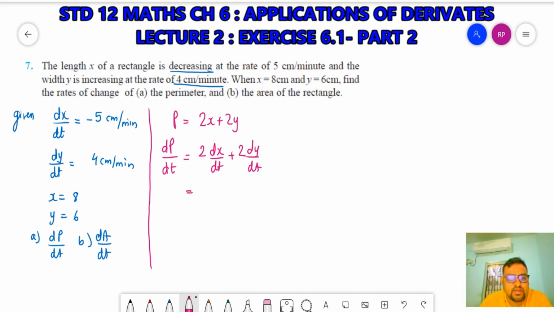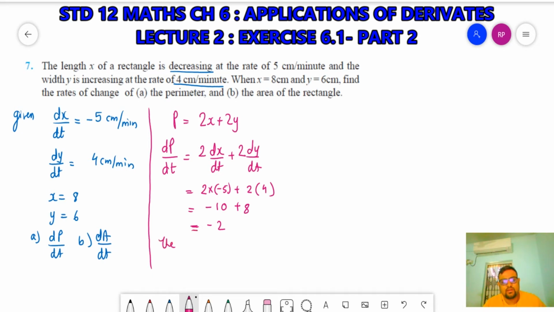So what is dx by dt? 2 into minus 5 plus 2 into 4. This will be minus 10 plus 8, so minus 2. So the perimeter is decreasing at the rate of 2 centimeter per minute.